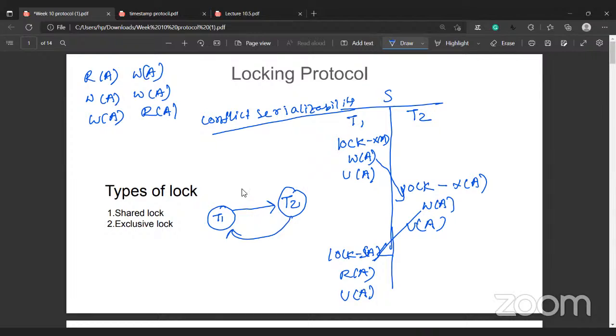So this precedence graph forms a cycle, right? If it forms a cycle, then it is not conflict serializable. If the precedence graph is acyclic, then you can say that this is conflict serializable. This is not conflict serializable.